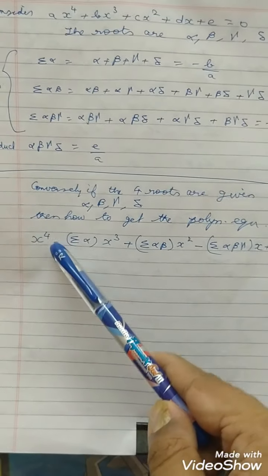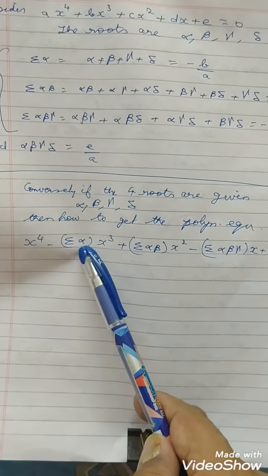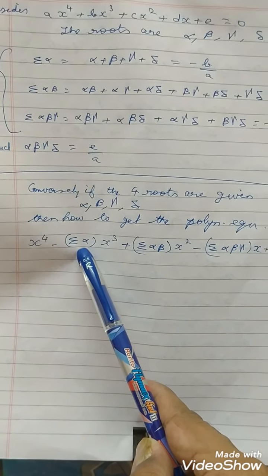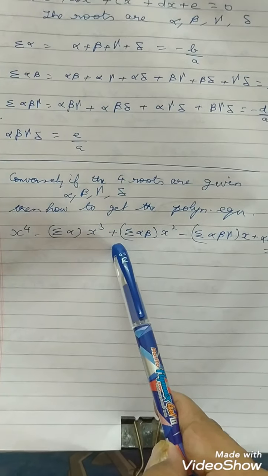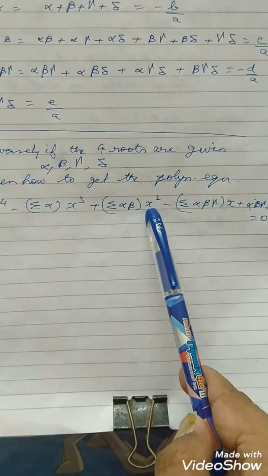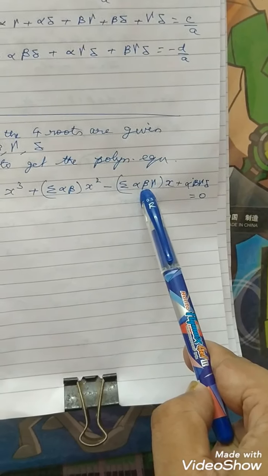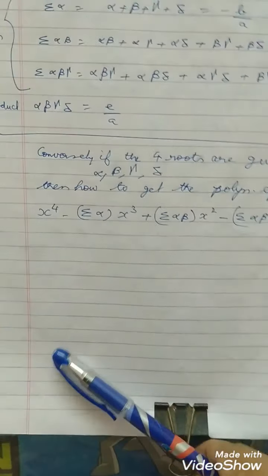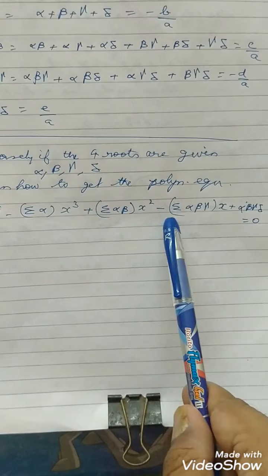Minus the summation of roots into x cube, plus the summation of the product of the roots in pairs into x squared, minus the summation of the product of the roots in threes into x, plus the product of the roots is equal to 0. Please remember: plus, minus, plus, minus, plus.